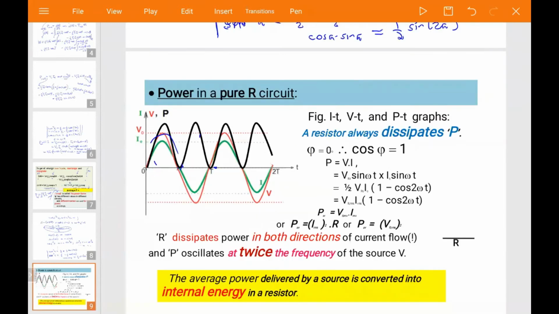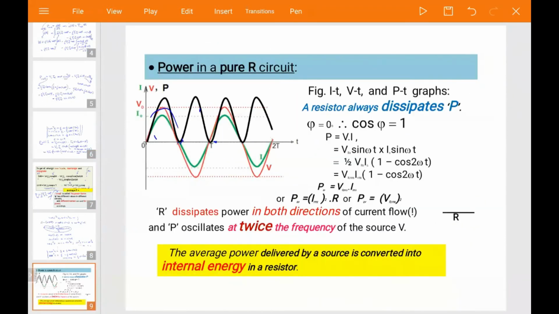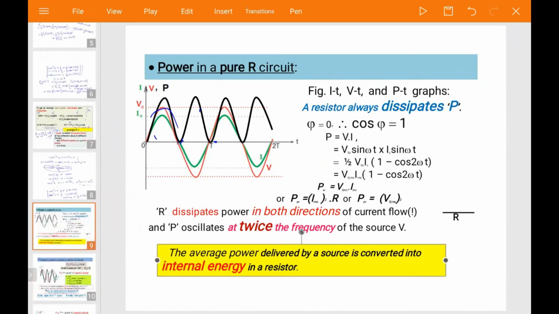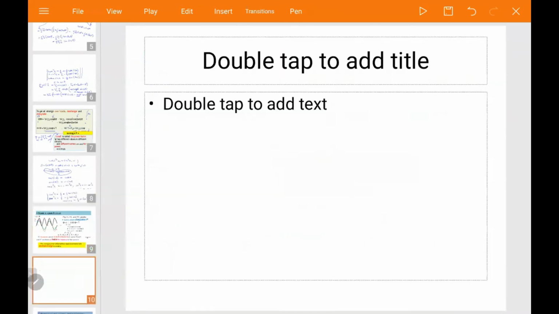How do you prove that? That is very simple. Mathematically, let me show you. You see, when you have a pure R circuit, instantaneous power becomes voltage times current. Voltage and current being in phase, you write down V0 sine omega t times I0 sine omega t.